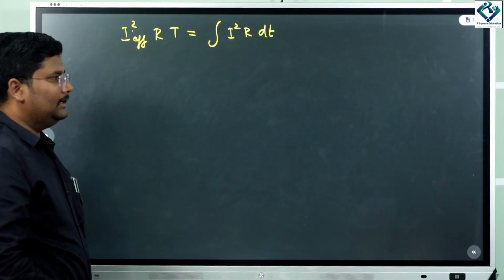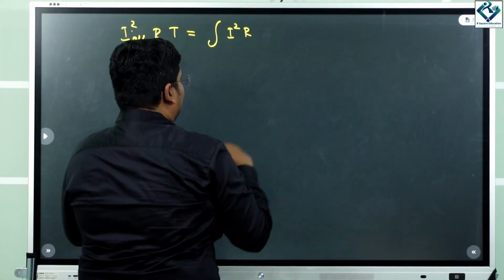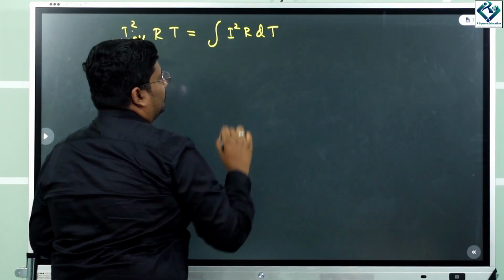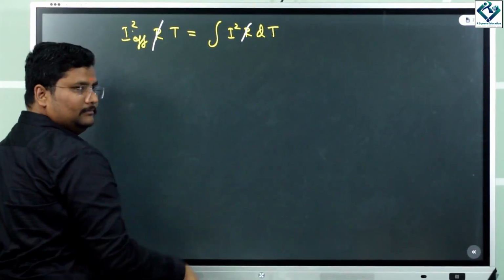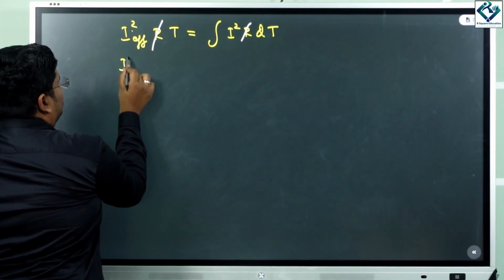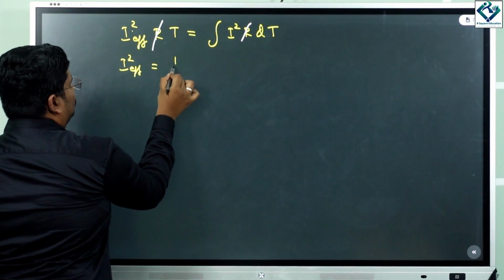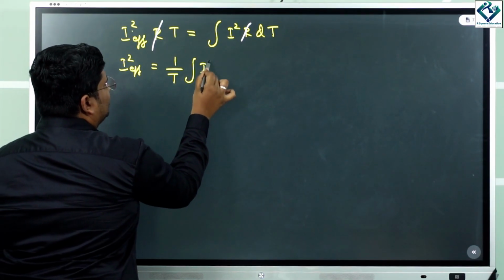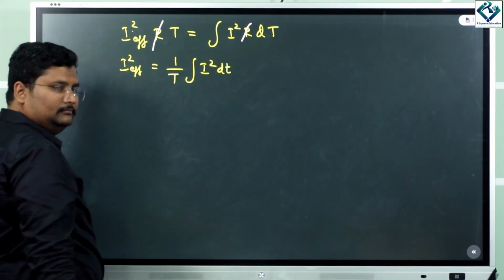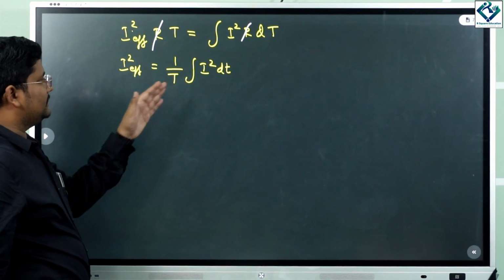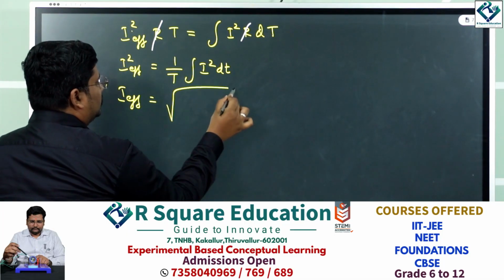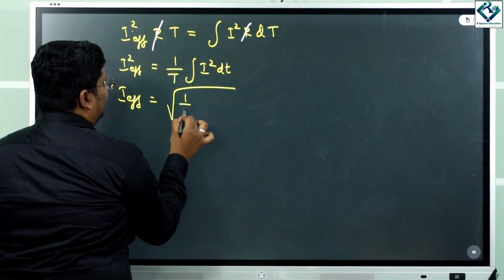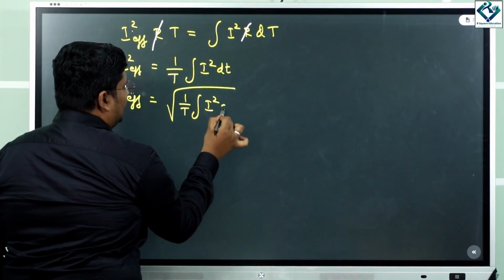R cancels, so the equation turns out to be I square effective is equal to 1 by T integral I square dt. So I effective will be equal to root of 1 by T integral I square dt.